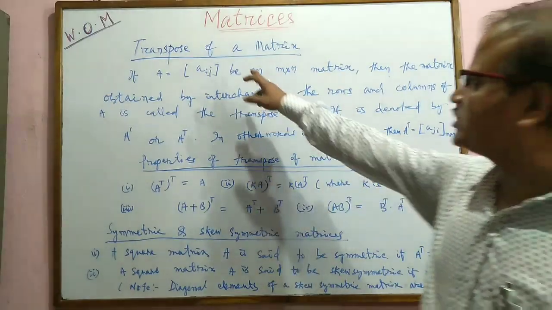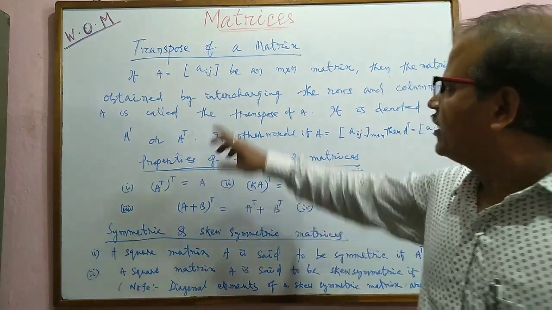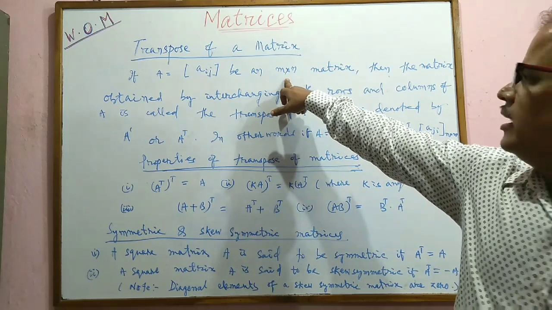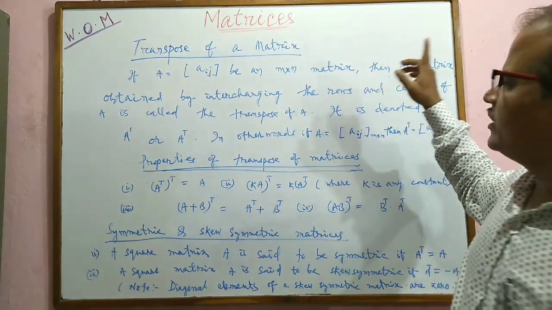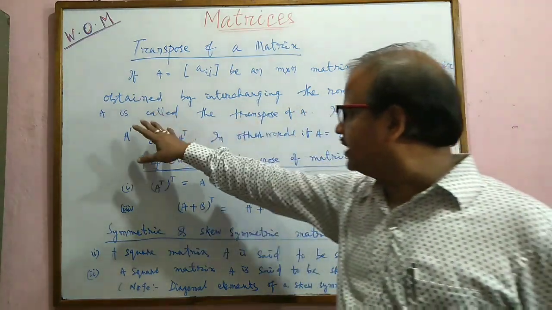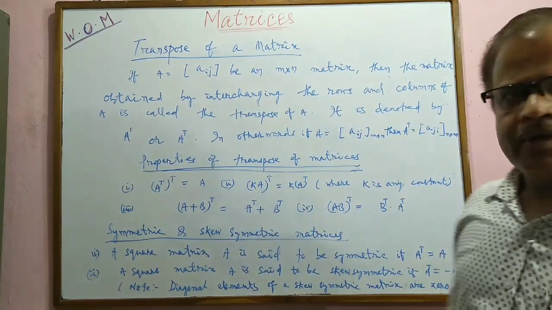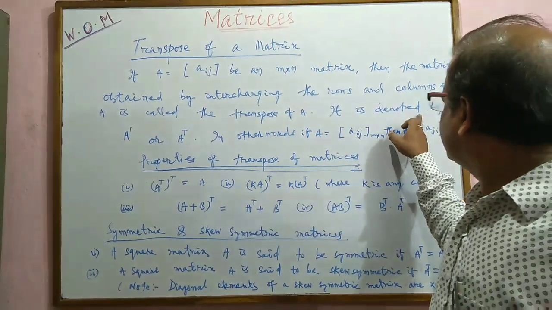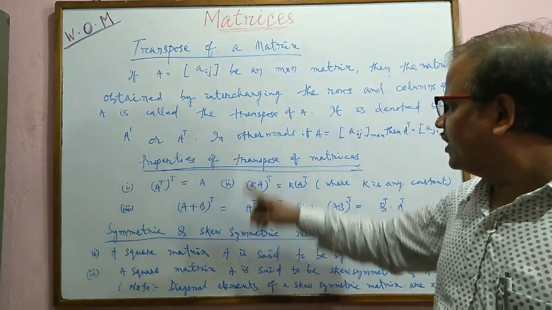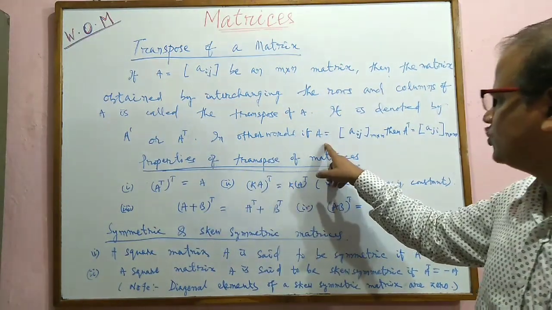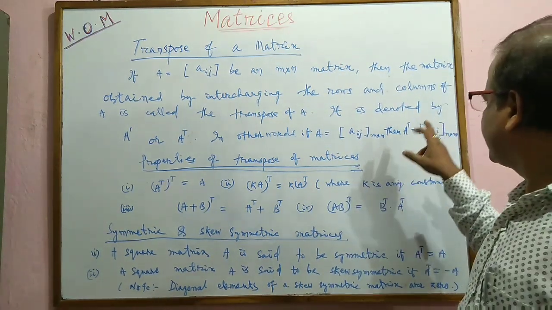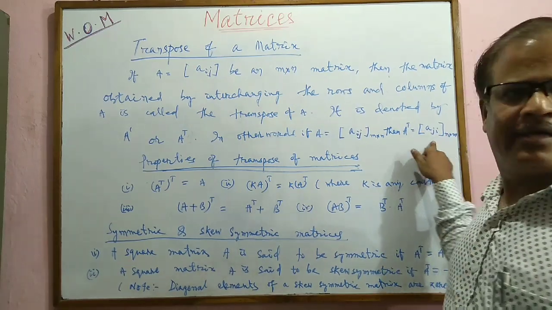Transpose of a matrix. If A = [aij] is an m by n matrix, then the matrix obtained by interchanging the rows and columns of A is called the transpose of A. It is denoted by A dash or A^T. In other words, if A = [aij] is an m by n matrix, then A transpose is [aji], an n by m matrix.